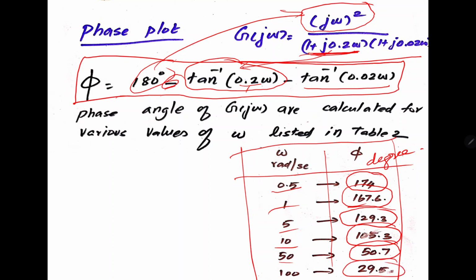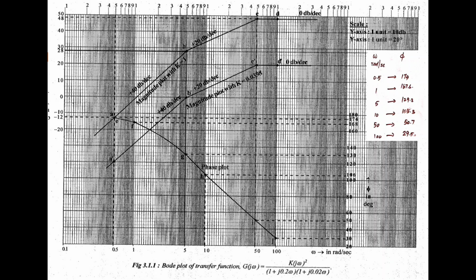So now we have to draw both the magnitude as well as the phase plot. This is the Bode plot. Here we have to use similar graph paper to draw the Bode plot. First we take the magnitude plot. We have 4 points: for low frequency, 0.5 radian per second, it is minus 12 dB.